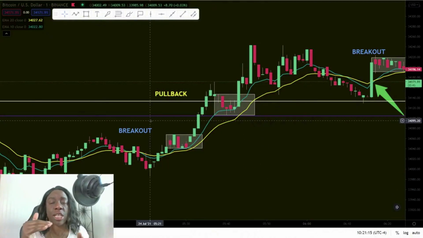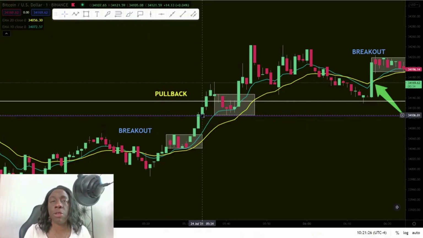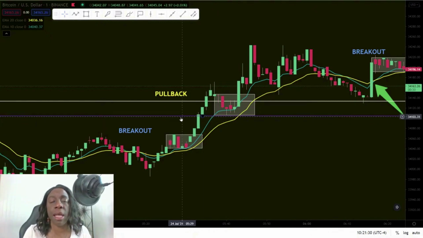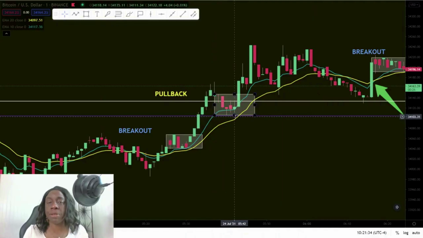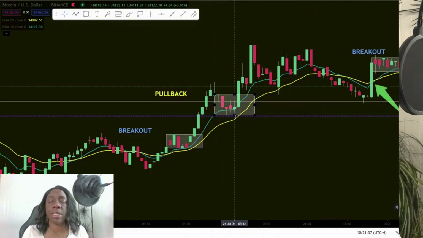It's a strong support level. There are trading bots buying up positions at the purple level, refusing to allow price action to break below it. So that's how you know this is a line of support. And you want to buy on the line of support. You don't want to buy on the line of resistance.